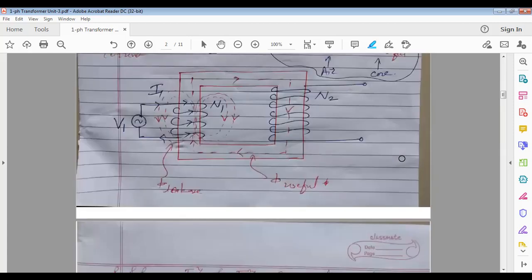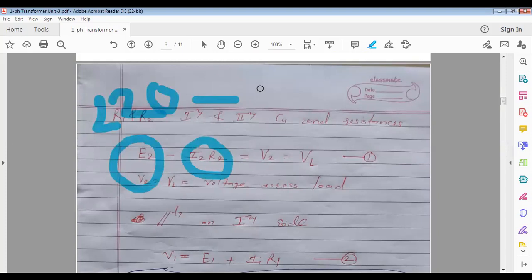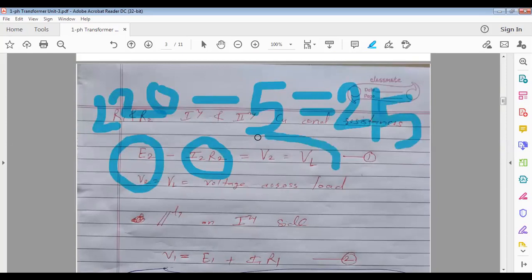Means, see here I have written the equation: E2, 220 volt you consider gets induced in secondary winding turns. I2 R2 drop will take place. Consider that is 5 volt and the rest 215 volt gets applied across the load, which is called V2 or VL. You connect one voltmeter across any load, whatever you are connecting in parallel across the transformer secondary.